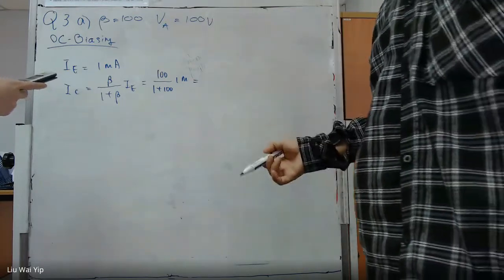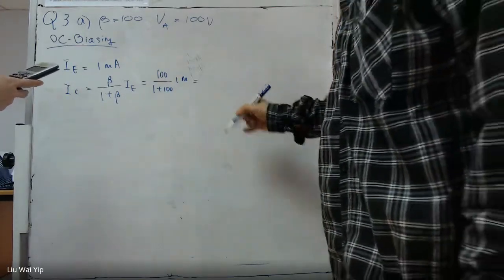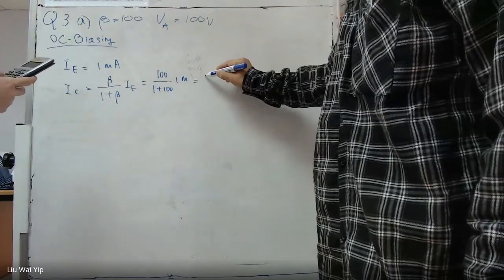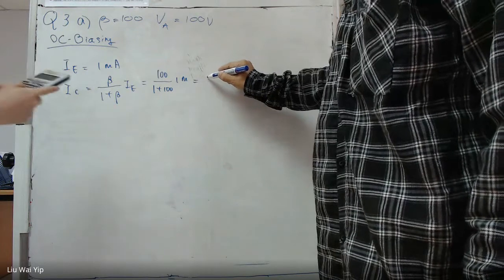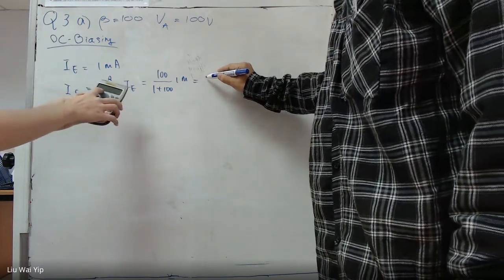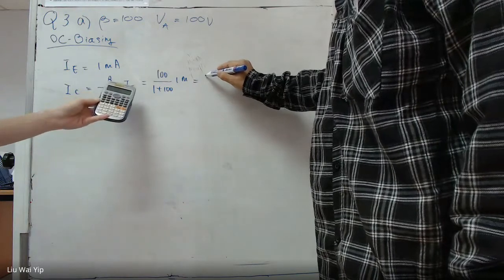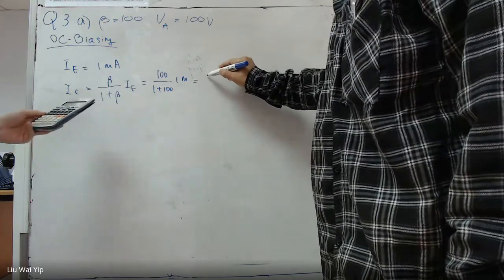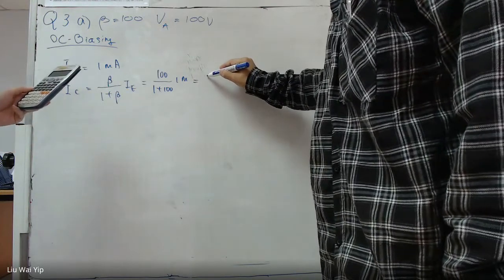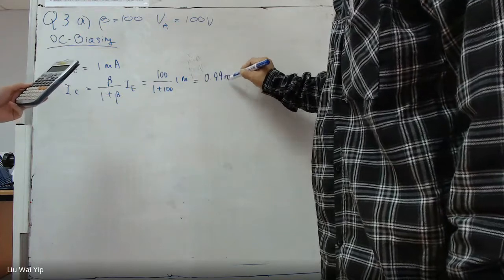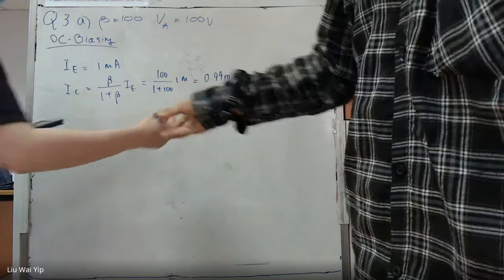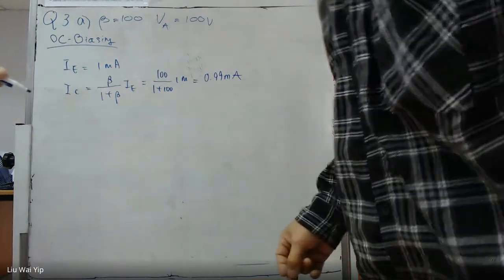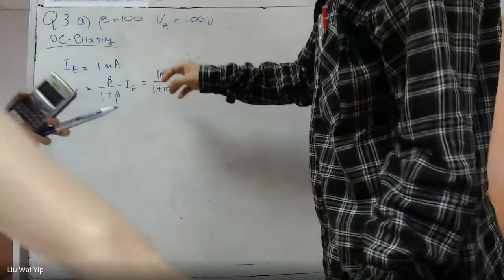Actually, you don't even need to calculate it. 1 milli... Yeah, 0.99, 9.9 multiplied with 10 to the power minus 4. This means 0.99 milliampere. Okay, good. So we found the value of IC.